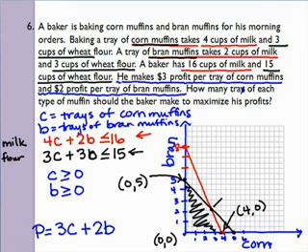And if you did this super accurately, you know that this point is 3, 2. But some of you won't have that, and it's not very accurate on my graph because of the programming system. So let me go ahead and do the systems to show you that this point really is 3, 2.